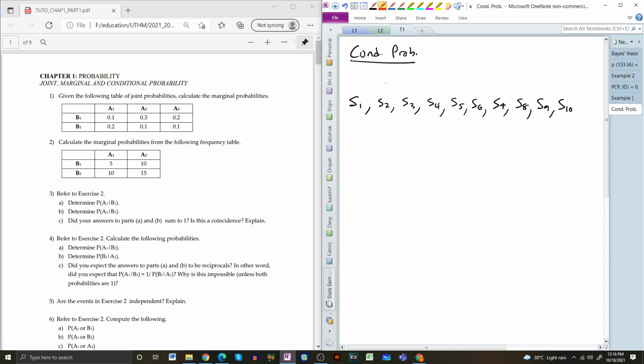Let's say these students have curly hair. Student 4 curly hair, student 6 is curly hair, 8 is curly hair, 10 is curly hair. Maybe let us put S1 also curly hair.